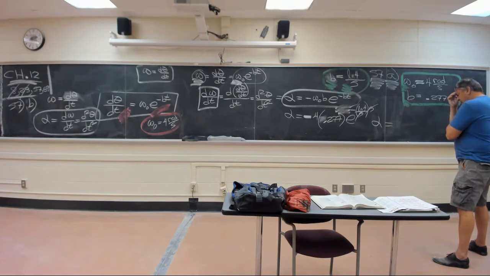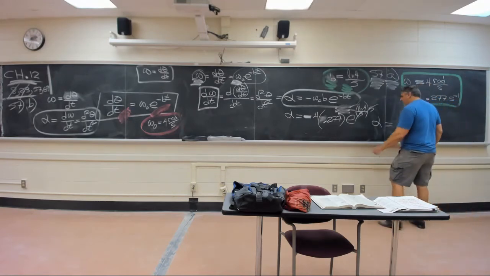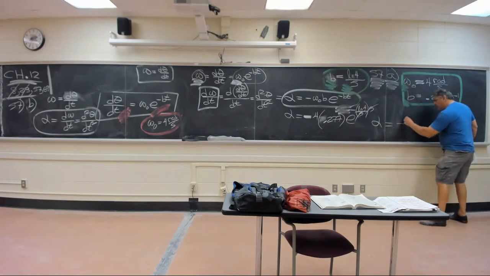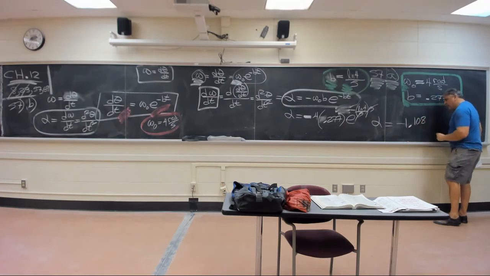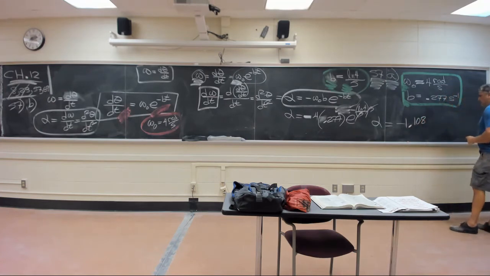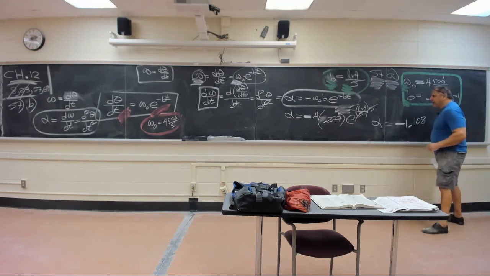It'll be 92 less than that. It'll be 1.108. Yeah, this will be negative 1.108 for that, and we can get in the calculator and get it, guys.